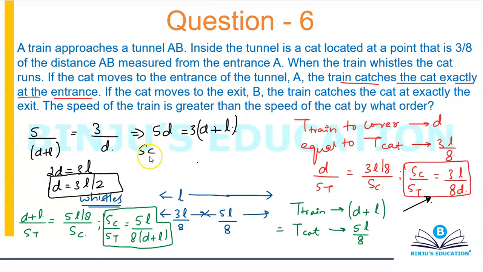So the speed of the cat by the speed of the train is 3L divided by 8 into 3L by 2. So 3L cancels, 2 goes, this will become 4. So the speed of the cat to the speed of the train is 1 over 4.